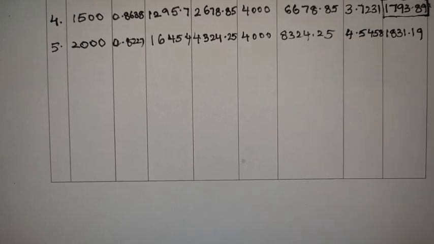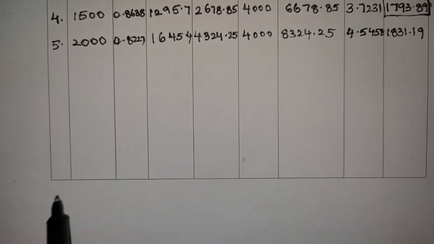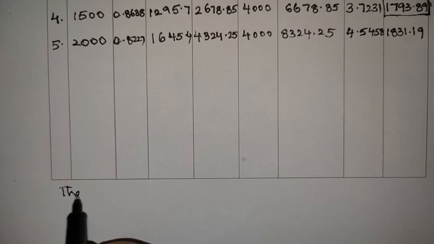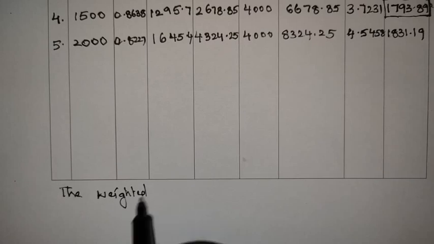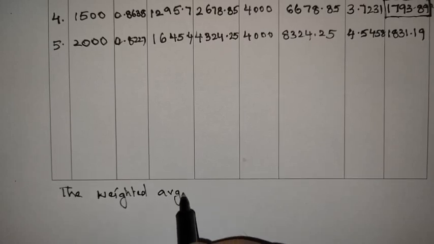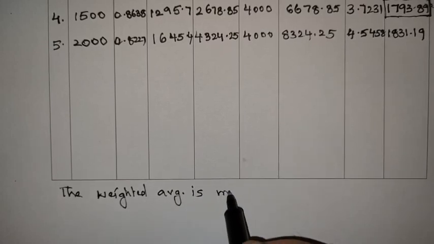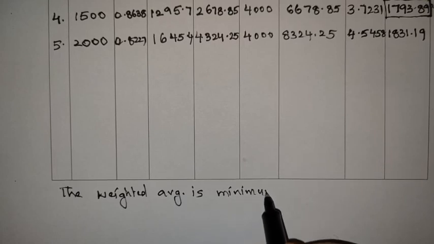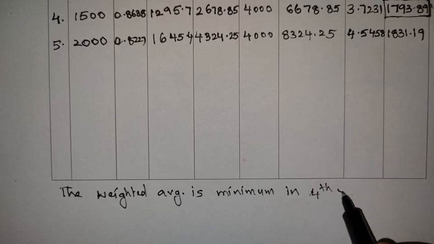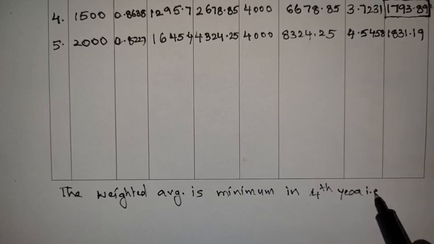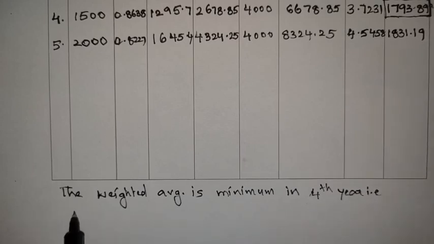Write the conclusion statement finally: the weighted average is minimum in the fourth year, that is 1,793.89 rupees.